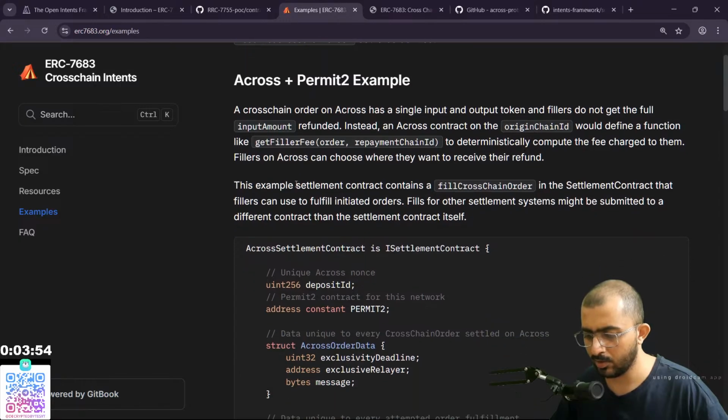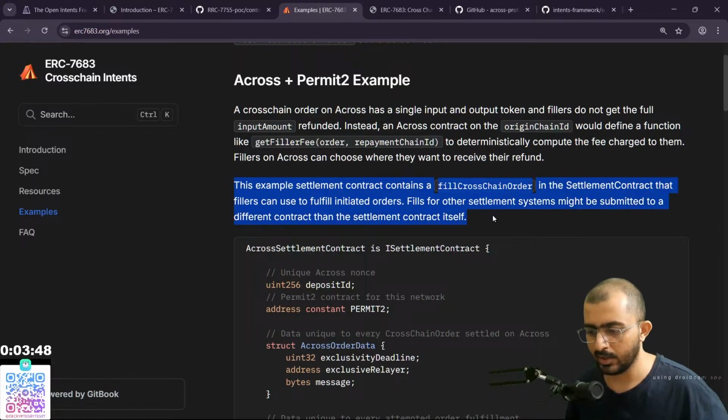Sure, and somewhat understood. This example settlement contract contains a fill cross-chain order in the settlement contract that fillers can use to fulfill initiated orders.